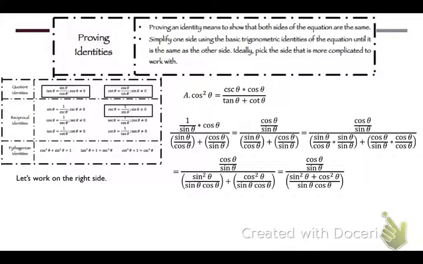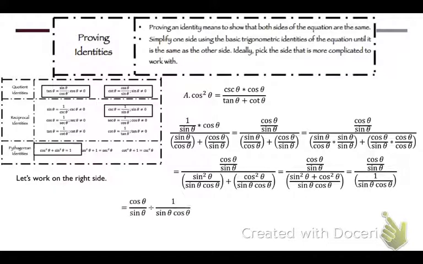So we can just make that into one fraction. And then sine squared plus cosine squared is 1, so I'm just going to replace that with a 1. And then I'm just going to rewrite this. So that's cosine over sine divided by 1 over sine cosine. Flip that fraction and multiply. Those sines cancel, and I'm left with cosine times cosine, which is cosine squared of theta.